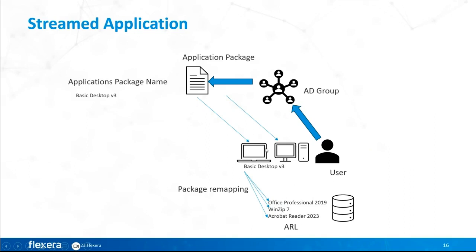So that's where this package remapping is important, because the import process will copy application names to desktops and laptops and users' computers, but the translation of these packages into single applications or bundles of applications, that's what I've done here. Nothing prevents in ITAM or in FlexNet linking a signature to 5 applications.